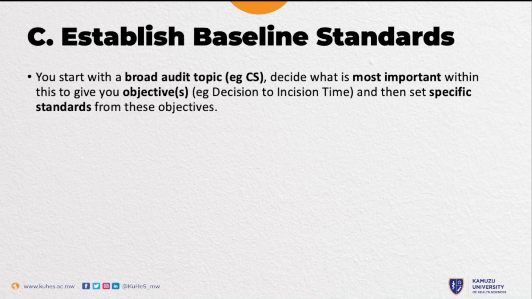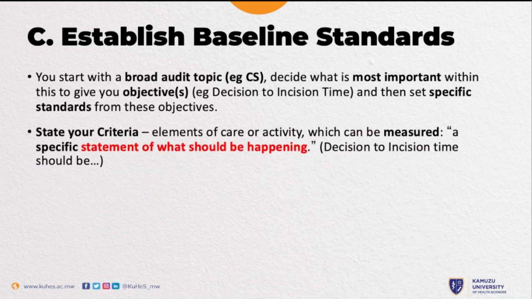And you break that big topic, and you do now specific objective in that C-section, because you can do a lot of audits in just C-section. So you use first a broad topic, and then you'll have small objectives. After you have your big topic, select your criteria. All right? Now, as I said, the criteria should be measurable.